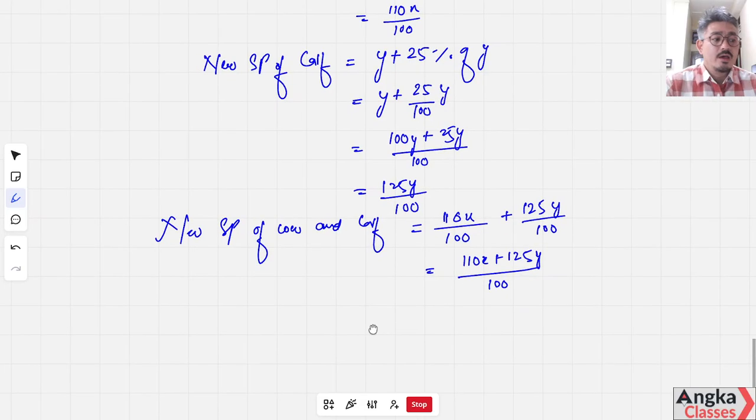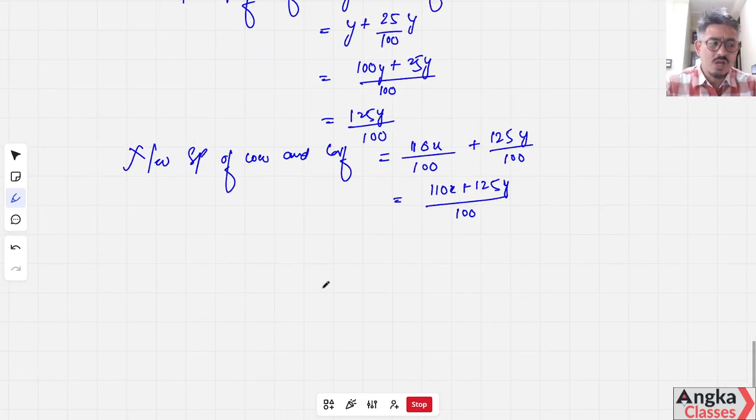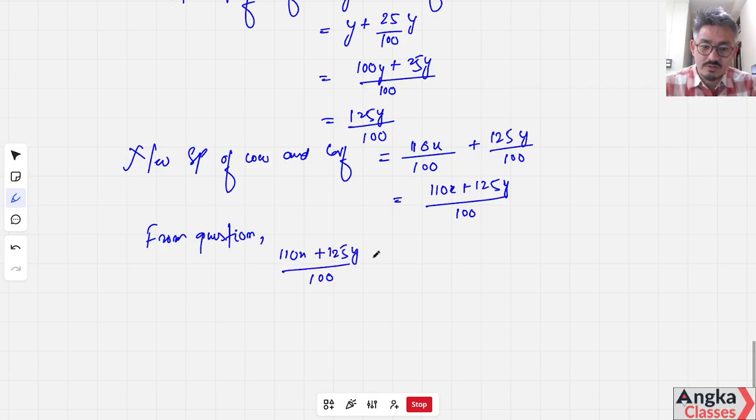There you go. Now, the second transaction, the total selling price of the transaction is 11925. There you go. So 110x plus 125y is equal to 1192500.